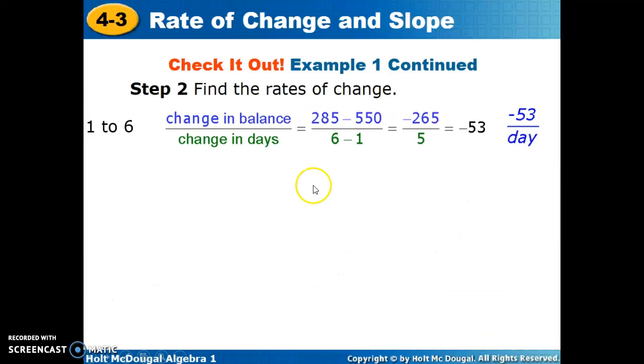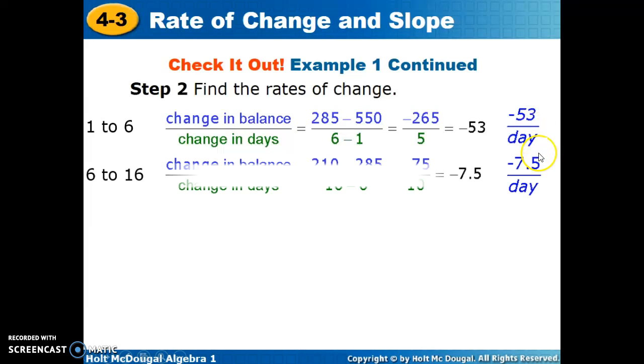Finding each rate of change from 1 to 6. The change in the balance, it went down 265 over 5 days. We're going to divide numerator by denominator for an average change of negative $53 per day. That's spending. That's because of the negative. Changing in balance from 6 to 16, we see we went down $75 over 10 days.